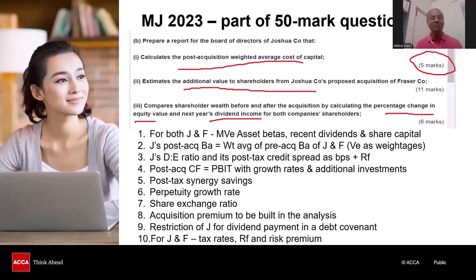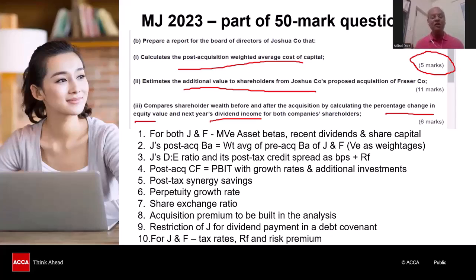post-acquisition asset beta for the bidding company, which was told by the examiner it should be the weighted average of pre-acquisition asset betas for both companies, and you use equity values as weightages. So don't make a mistake there. Post-acquisition cash flow calculations, of course, would be told to be based on the profit before interest and tax, and you need to apply growth rates.